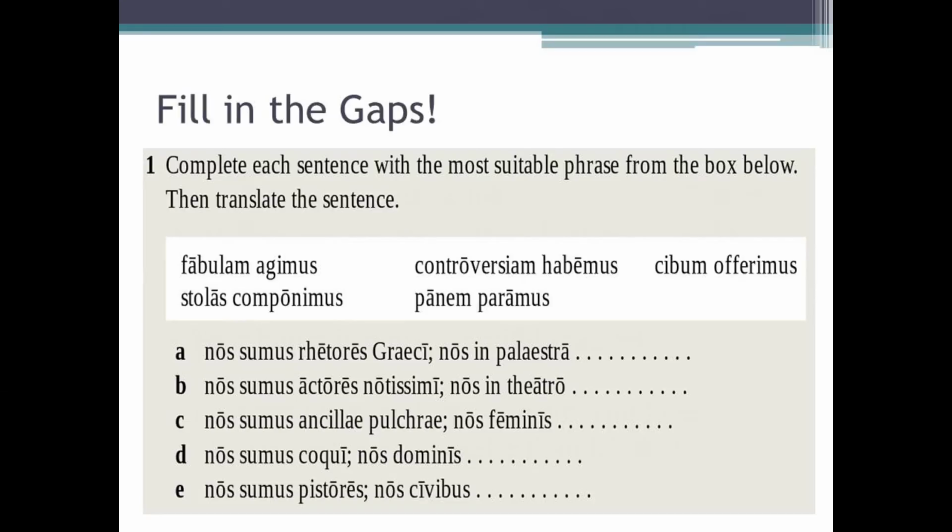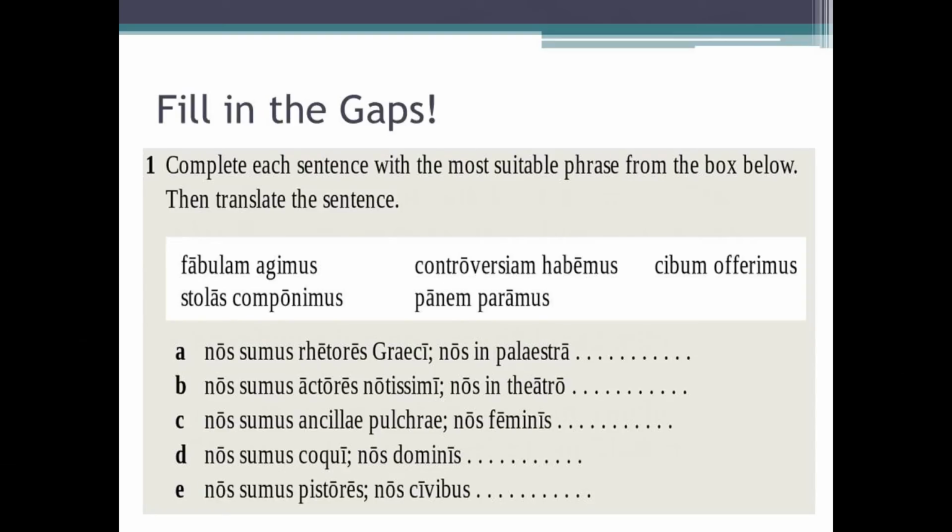A. Controversiam habemus. B. Fabulam agimus. C. Stolas componimus. D. Cibum offerimus. E. Panem paramus.